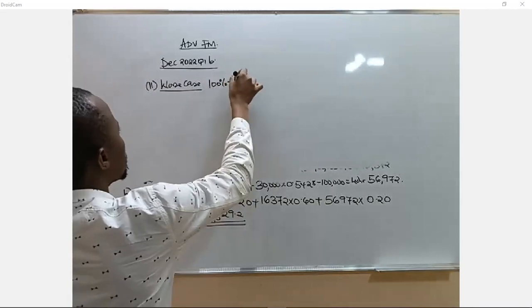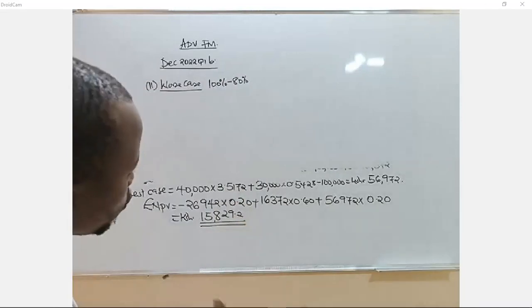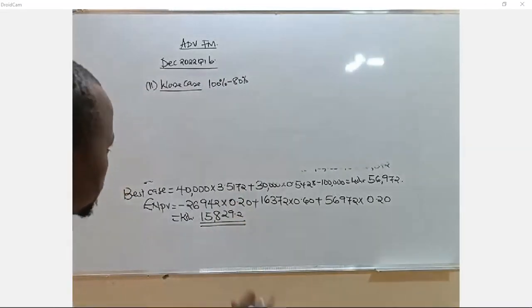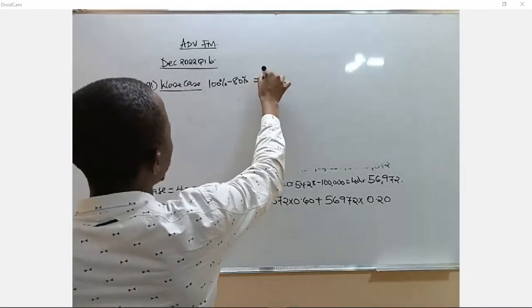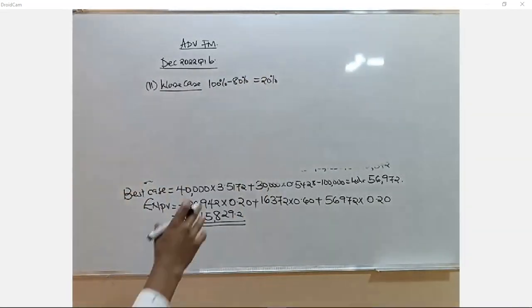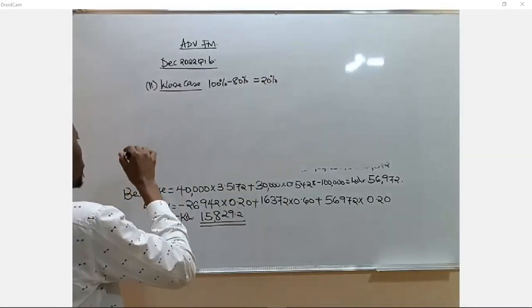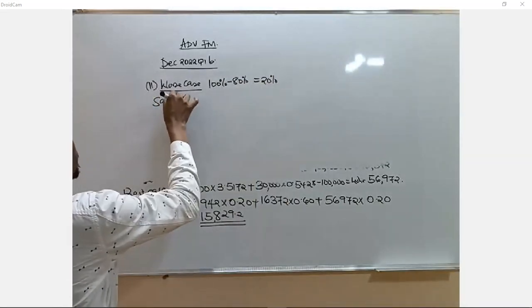You subtract 80%, because umeambiwa the difference of 80%, which translates to 20%. Because we have been told about the positive and minus, so tushaanza na minus. Tukapata 20%. So the first thing that you're supposed to be getting is called salvage value.